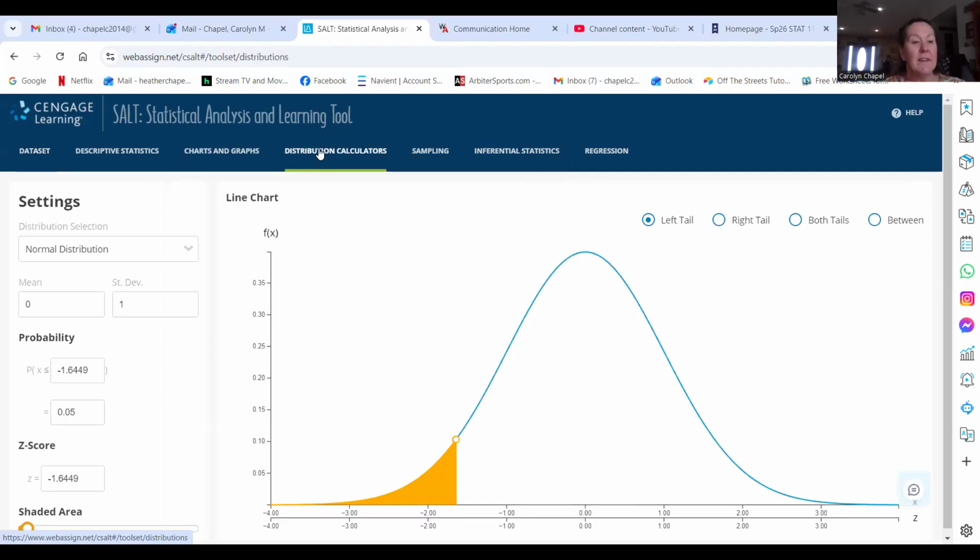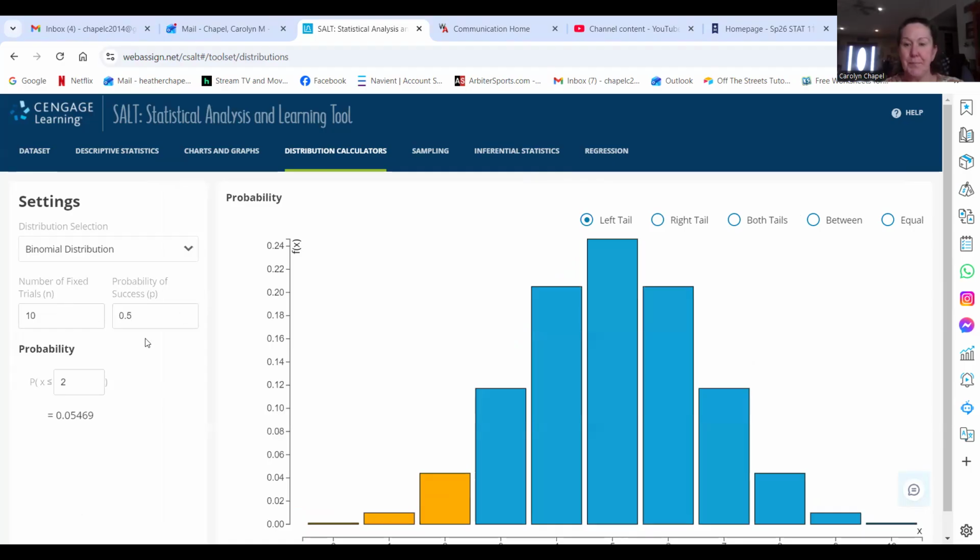So I'm going to click on this. The default brings you to this normal curve. So we aren't talking about normal curves yet. We are actually talking about our binomial distribution. So I'm going to click on that button. Okay. Here we have the binomial.